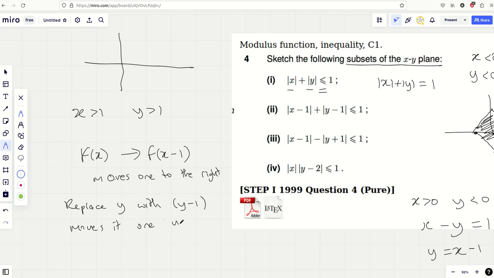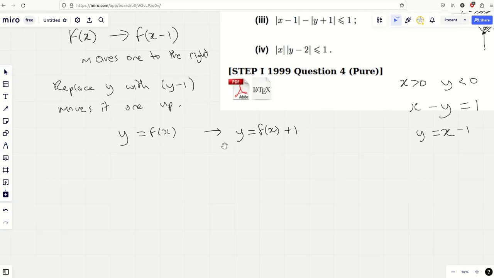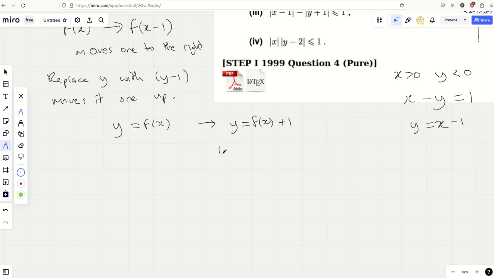Now, you might not be aware of this one, because when you're doing function transformations, we always treat it as y equals f of x becomes y equals f of x plus 1 to move it up. But what's really happened is we've actually swapped it with y minus 1. In other words, we've replaced y with y minus 1.